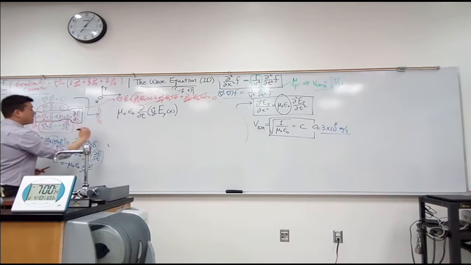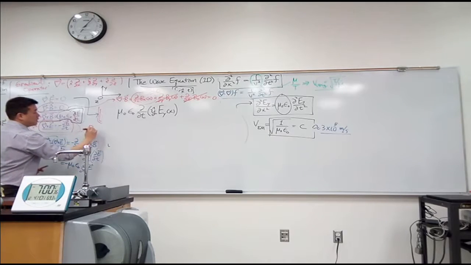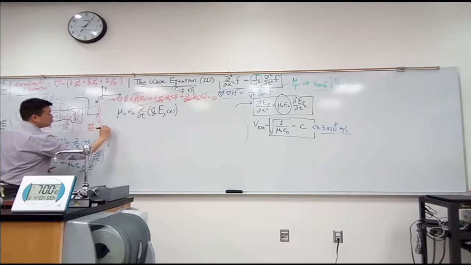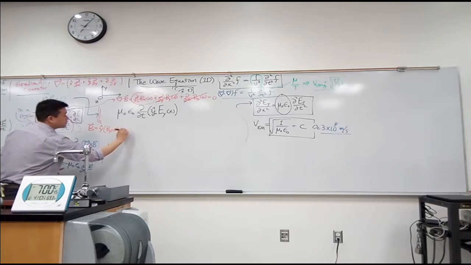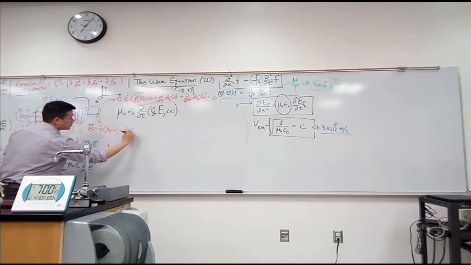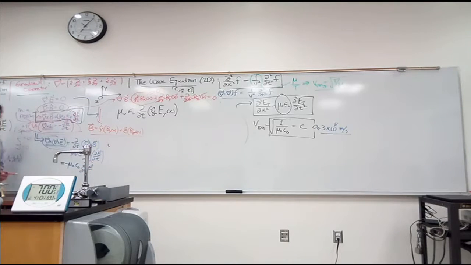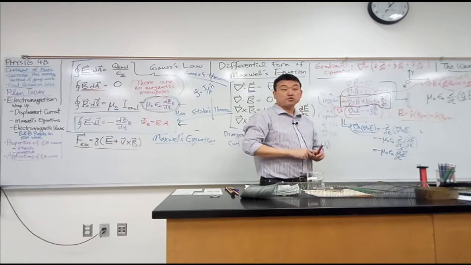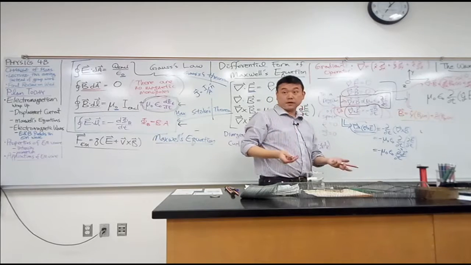My magnetic field as a vector might have a y component, which will depend on x, and it might have a z component, which will depend on x. But that's it. No x component. So both electric and magnetic fields are transverse in an electromagnetic wave.